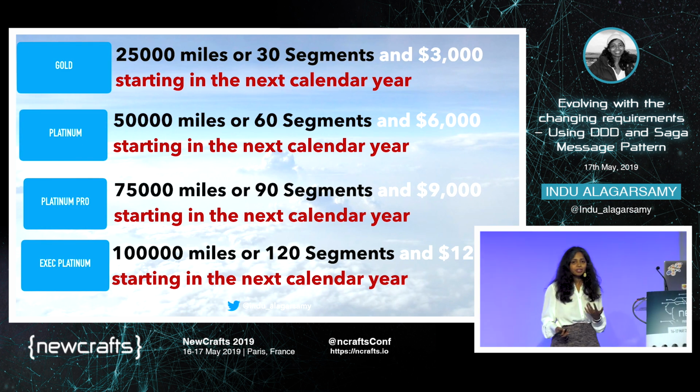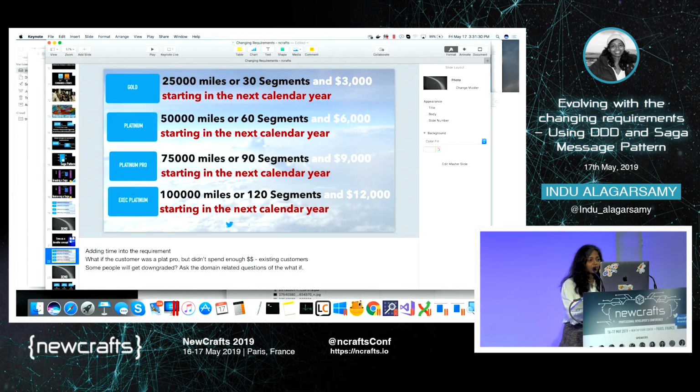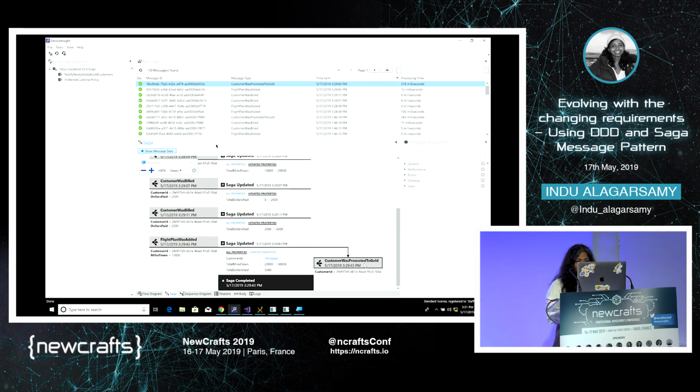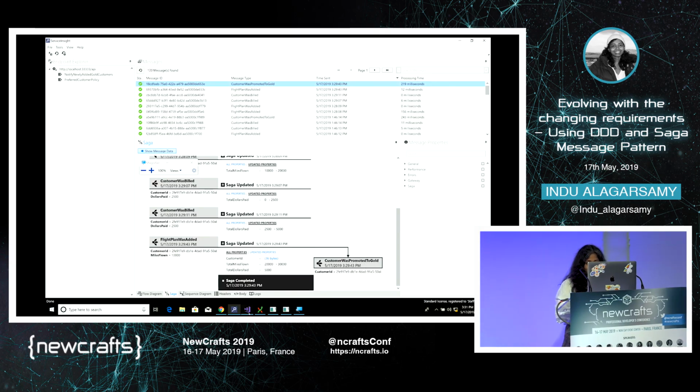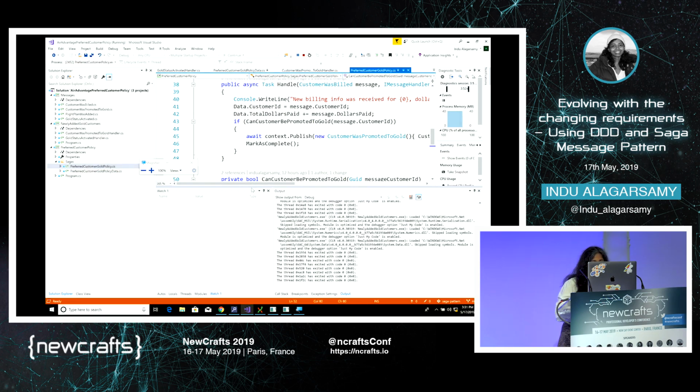So modeling time is important, and we can do that as messages. So let me go back. This is where I try to live code. Okay, so let's go to this. Oh, my goodness.